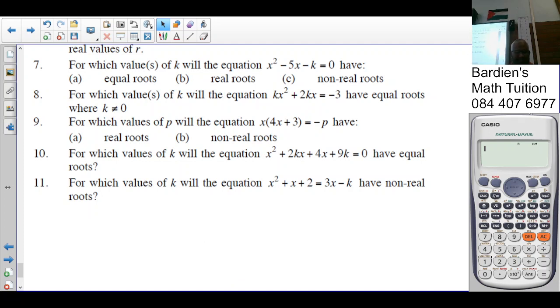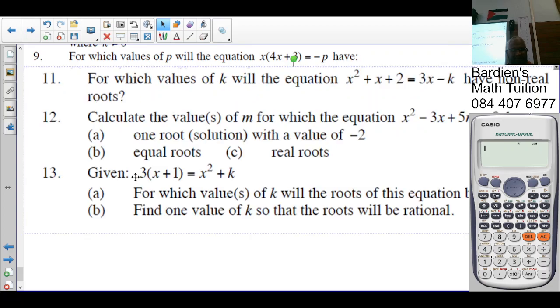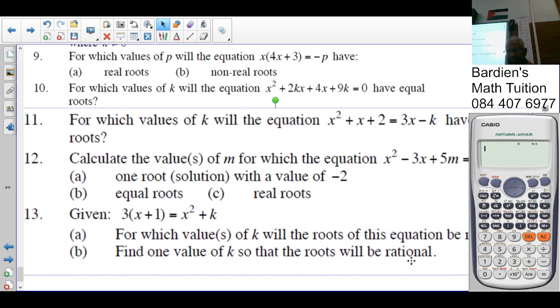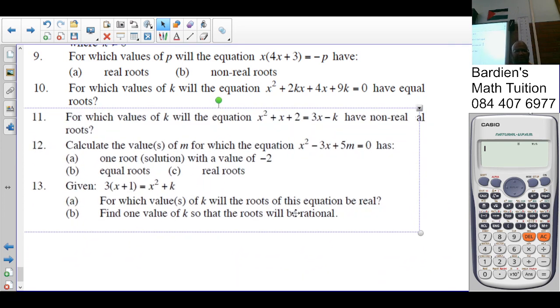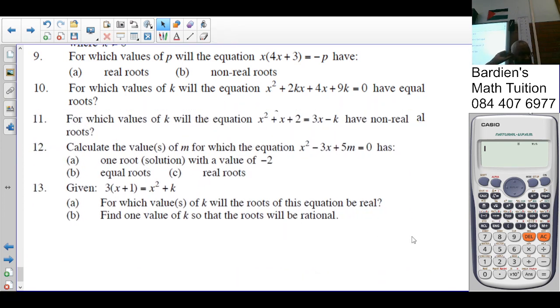Number 11. Okay, cut 11 twice. Alright, here we go.